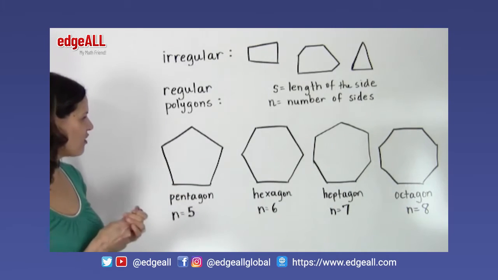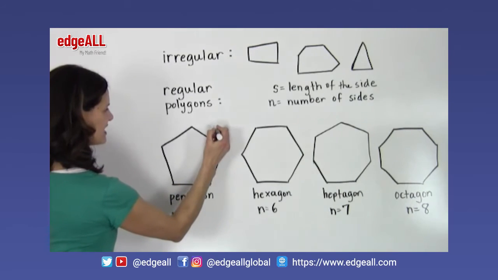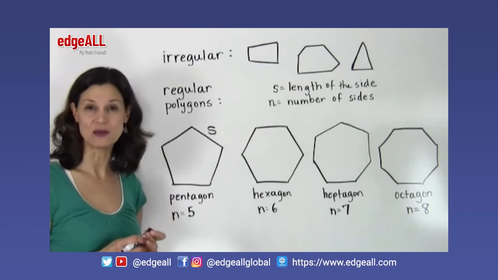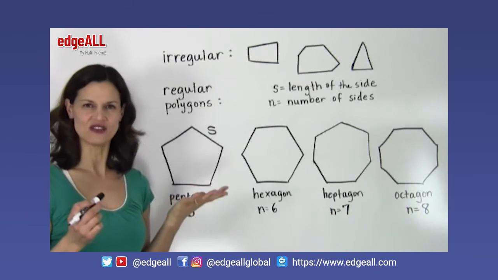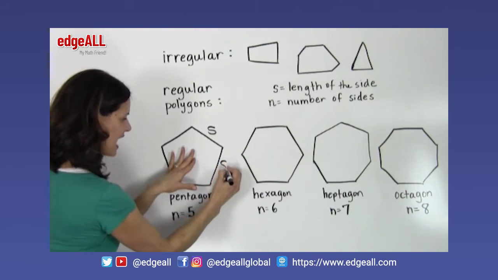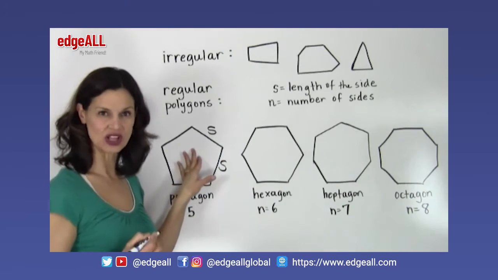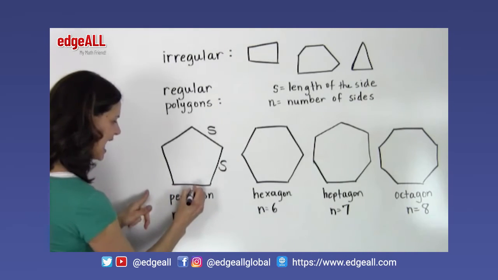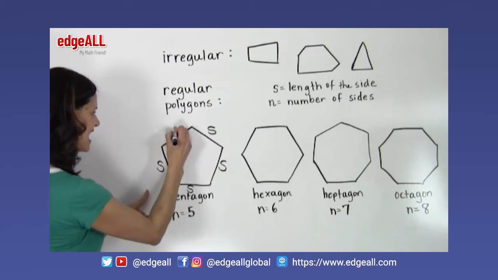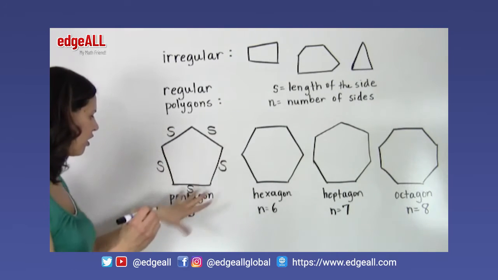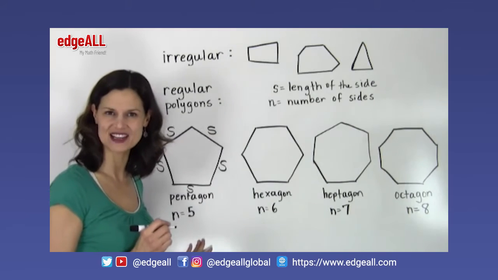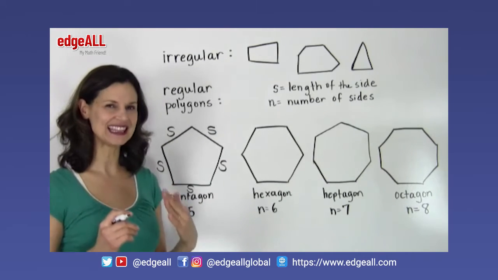So if I know, for example, that this side is measured as a number S, we'll use that as our variable, then I also know that this side must also equal S in length. And this side must be a length of S, and this side, and this side. All 5 sides of my regular pentagon are equal in length.